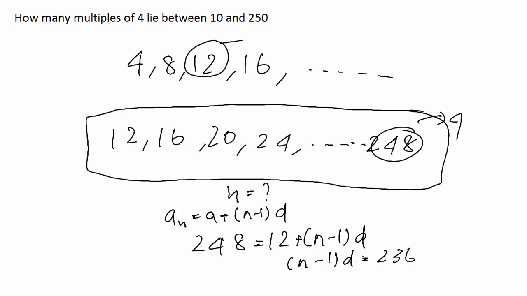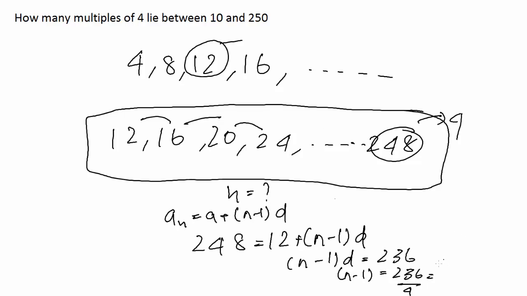What is your d? D is 4 because it's multiples of 4. See, it's getting incremented by 4. So your d will be 4. N minus 1 is equal to 236 divided by 4, which is equal to 59. There you go.